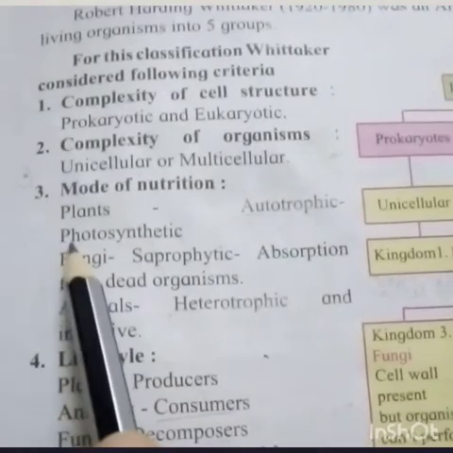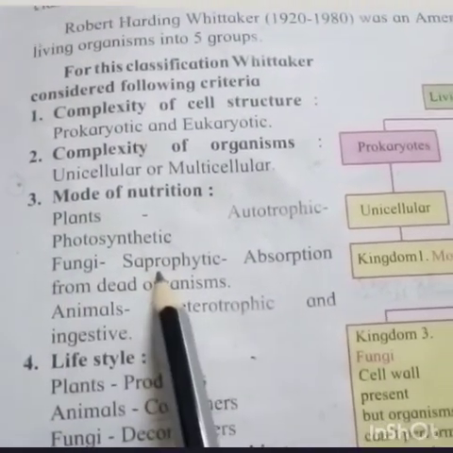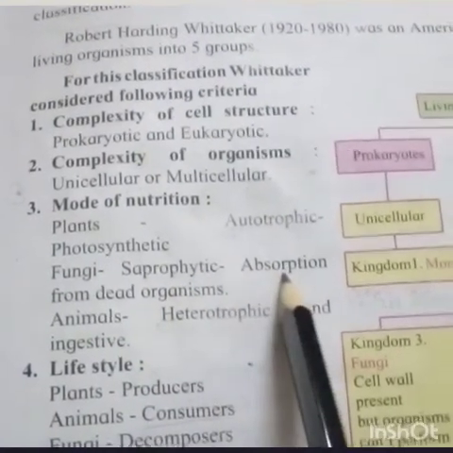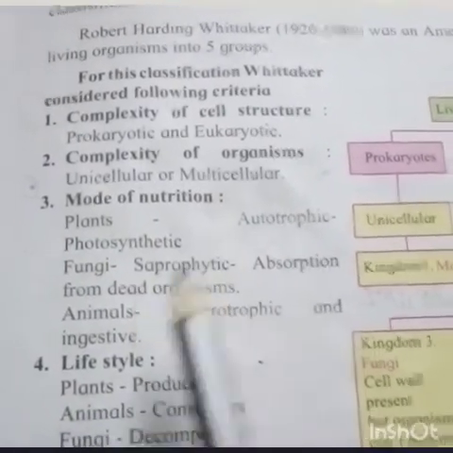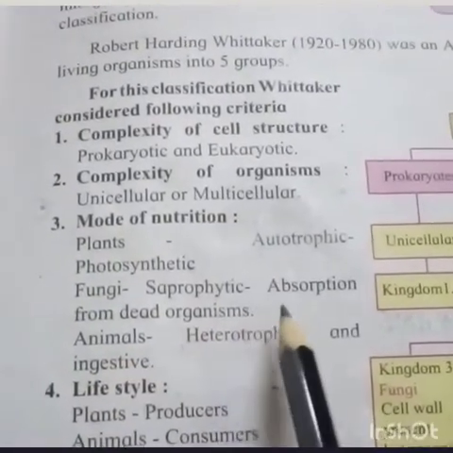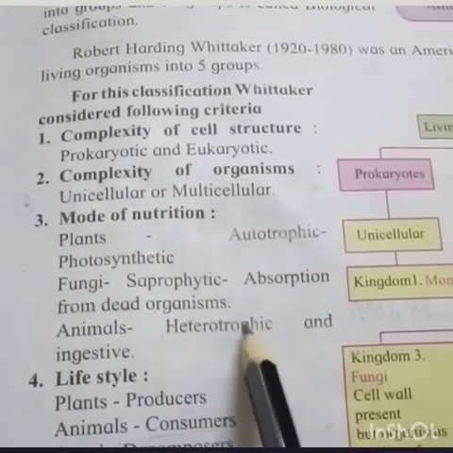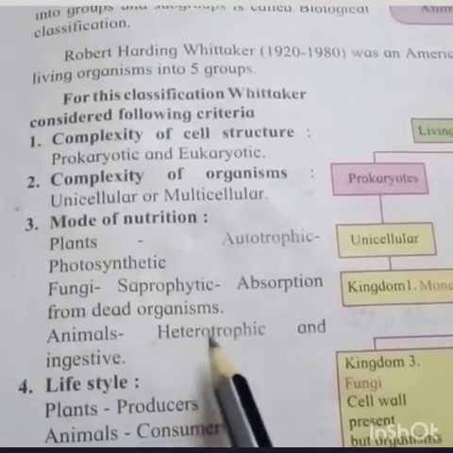They prepare their own food by the process of photosynthesis. Now fungi, saprophytic. Saprophytic means they absorb food from dead organisms, like dead plants or dead animals, like dead bread.